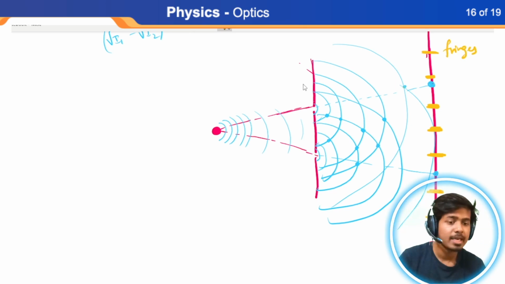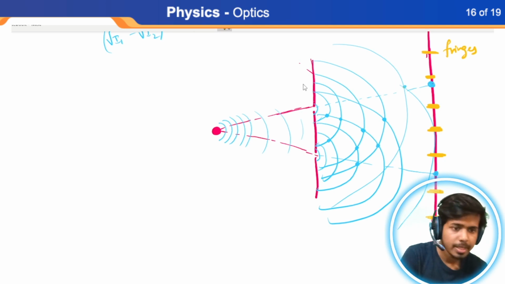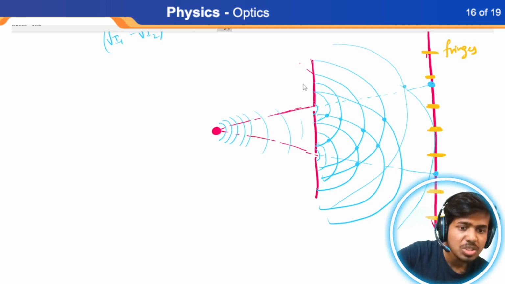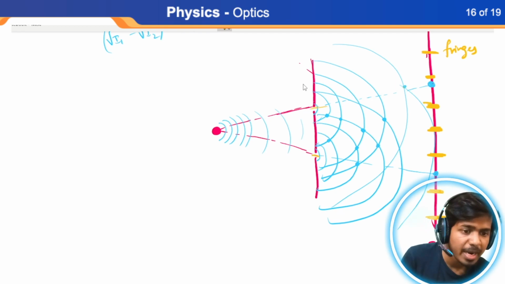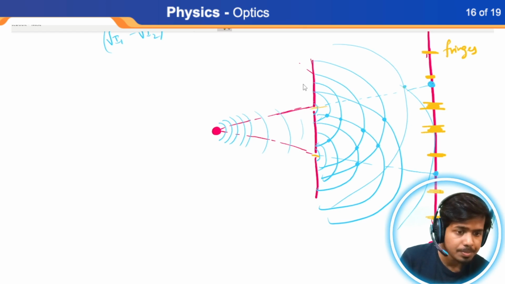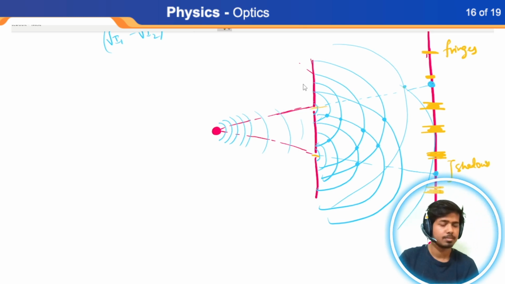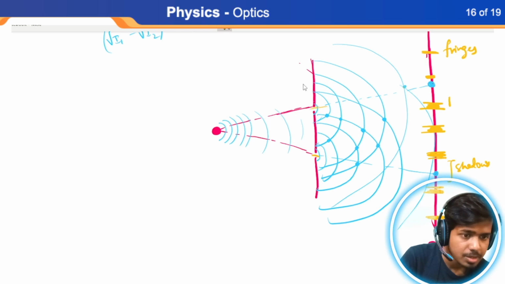And this is exactly what is observed, that whenever light is passed through these two slits, it produces fringes on the screen, multiple bands of light, and these are shadows or nothing, dark. So this is bright fringe and this is dark fringe.